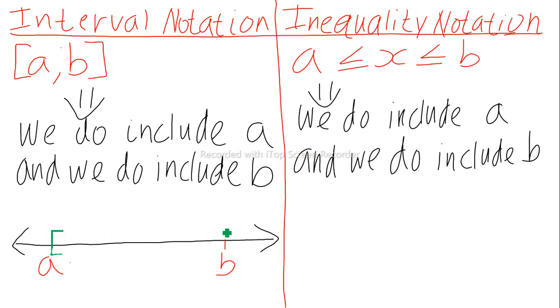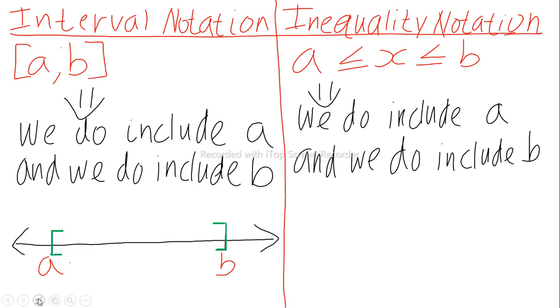So that means on both ends we include A and we include B, so we include both endpoints.